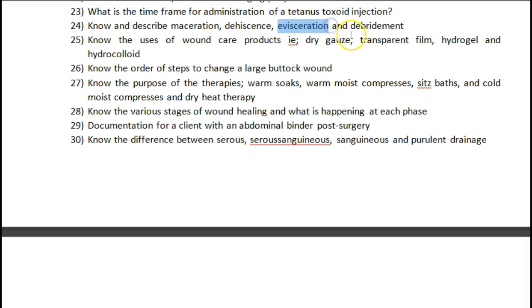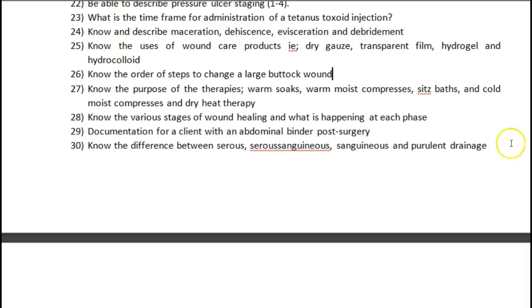Evisceration is actually really bad. That's when organs protrude. Okay, so keep in mind evisceration, organs protruding. And then debridement is when you're actually removing eschar and black necrotic tissue to expose granulated red pink tissue. That's like a surgery.